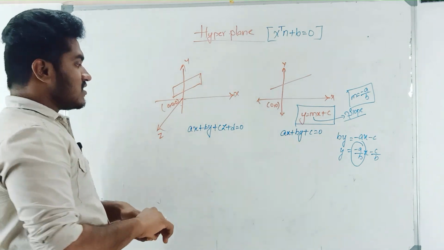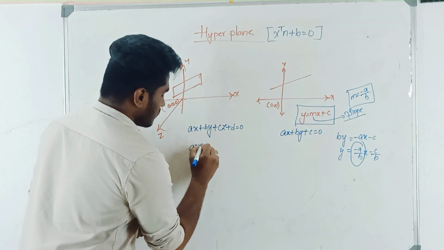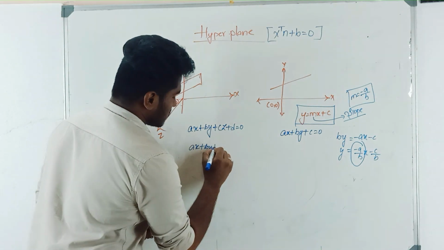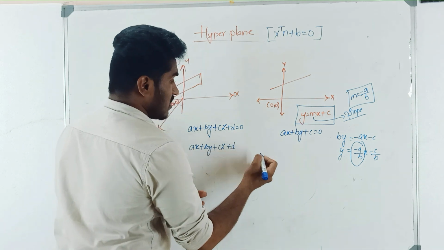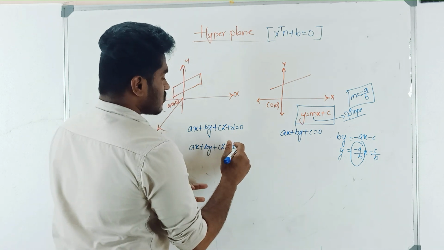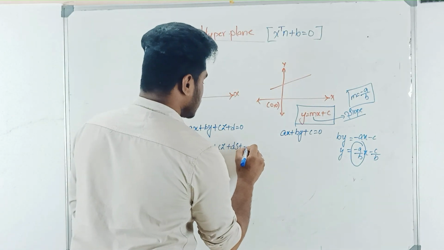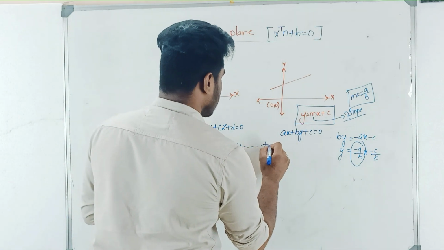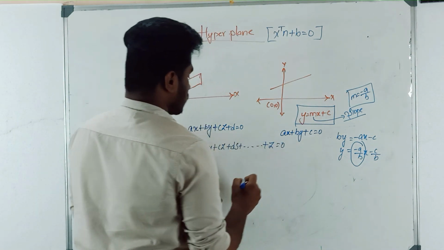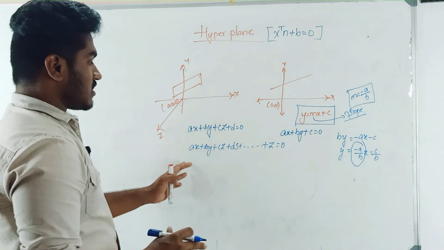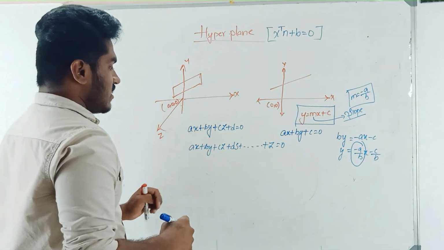In that case, this equation can be ax plus by plus cz plus and so on, up to some coefficient times the last coordinate, equals 0. So this is the equation of this particular plane in n-dimensional geometry, right?